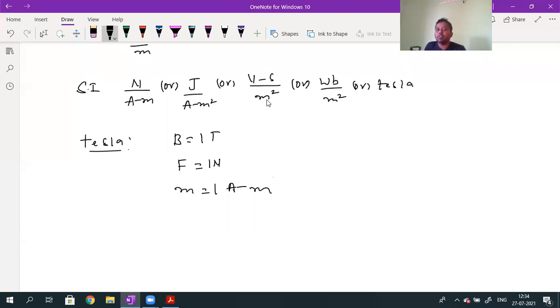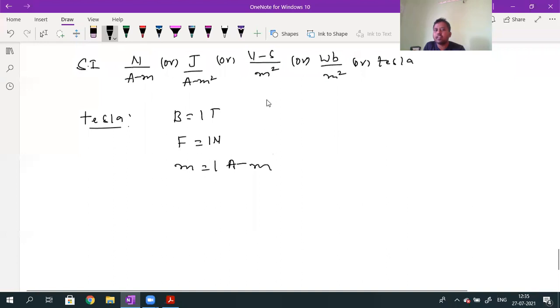When we keep a pole of pole strength 1 ampere meter and the force acting on that pole is 1 Newton, then magnetic field induction is said to be 1 Tesla. Okay, Nara?